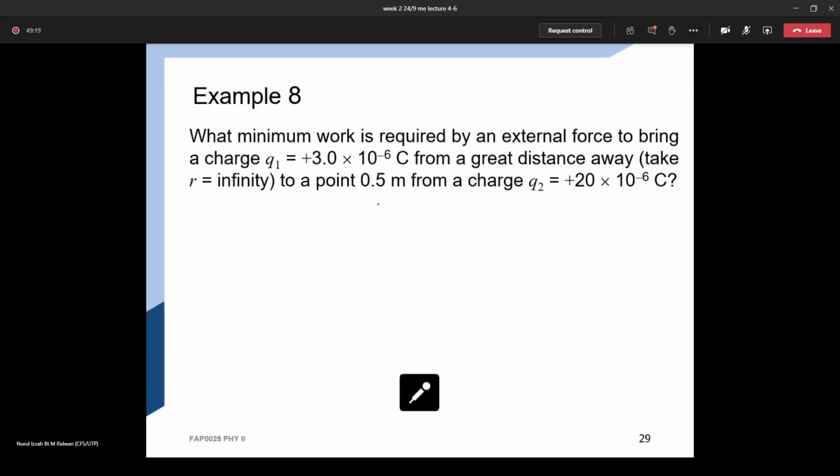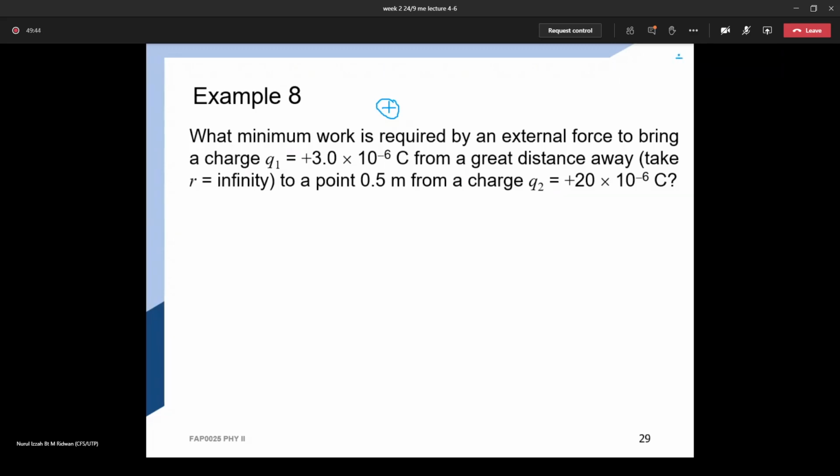Okay, so what you will have is you have charge Q2. It's positive, and you see that Q2 is 20. Q1 is 3. So basically 20 is big. You want to bring Q1 near to Q2. So Q1 should be very far, and it's still positive.